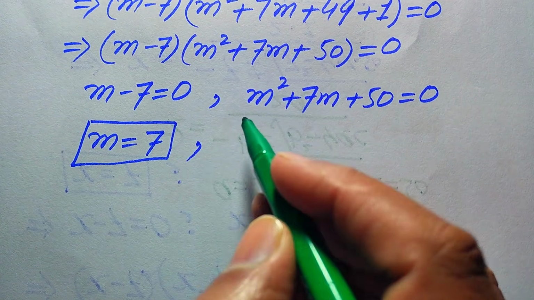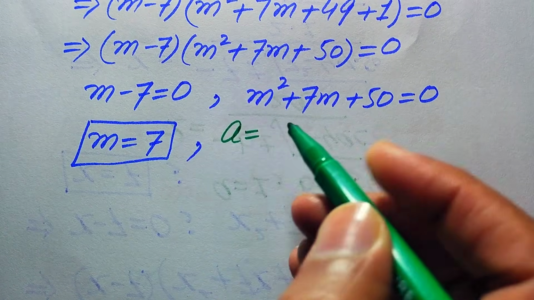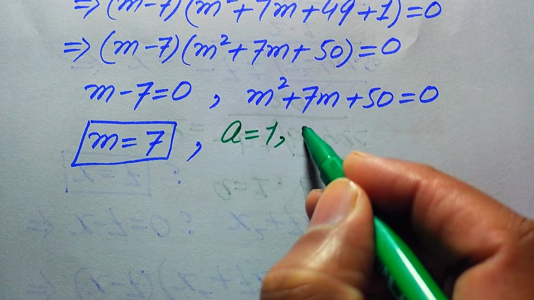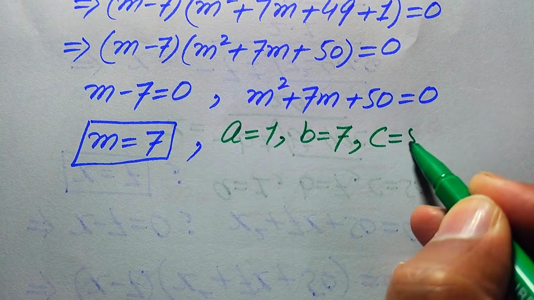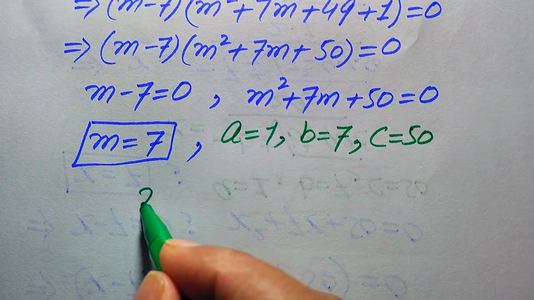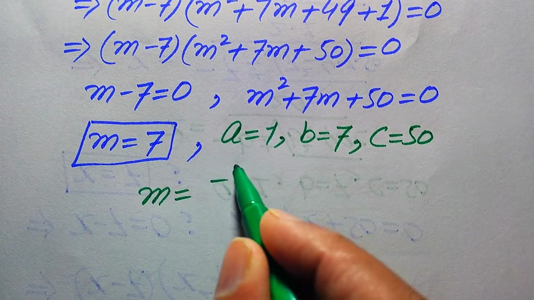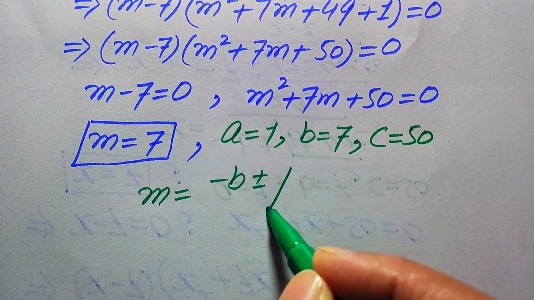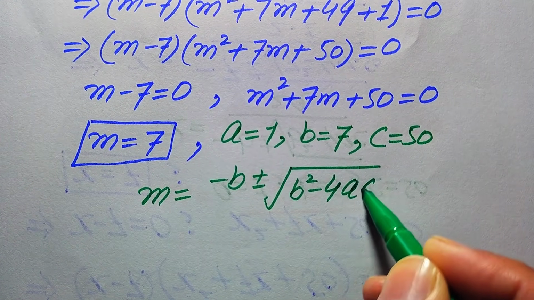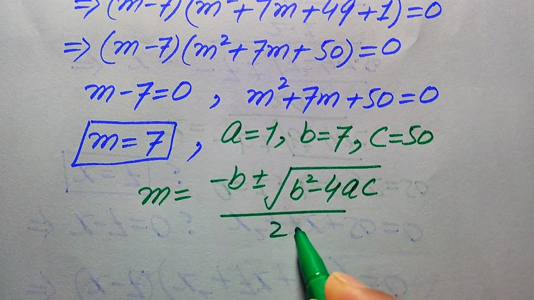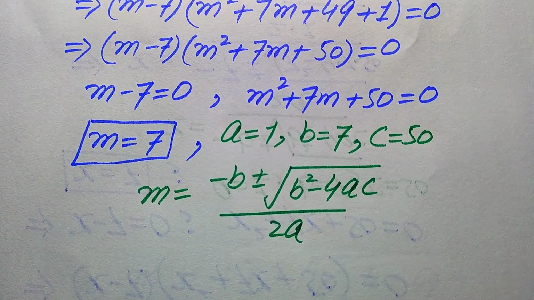For this we write the coefficients: a equals 1, b equals 7, and c equals 50. The quadratic formula is m equals minus b plus minus square root of b square minus 4ac, divided by 2a.